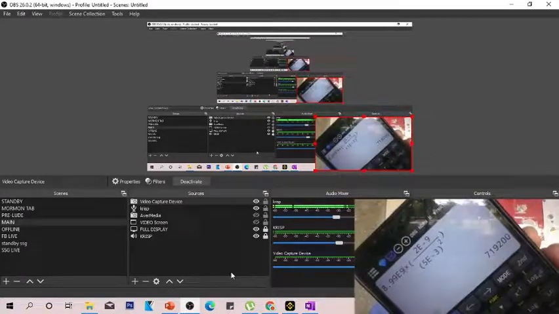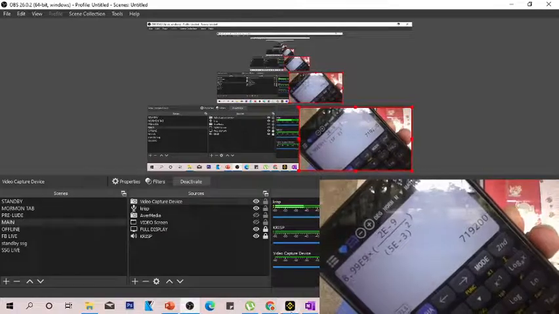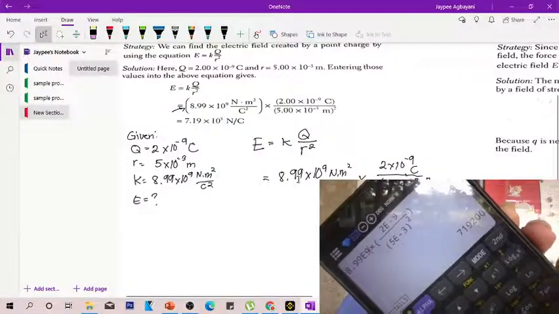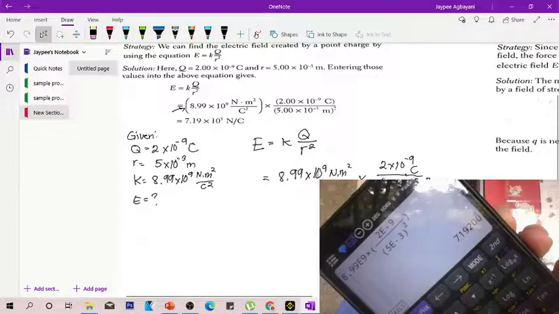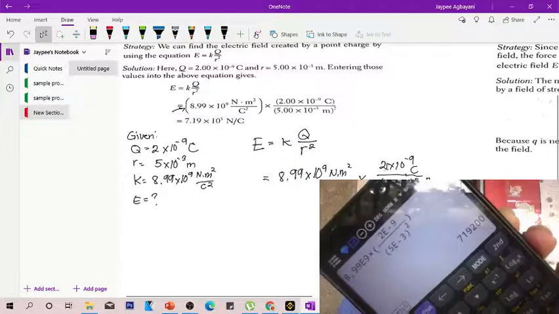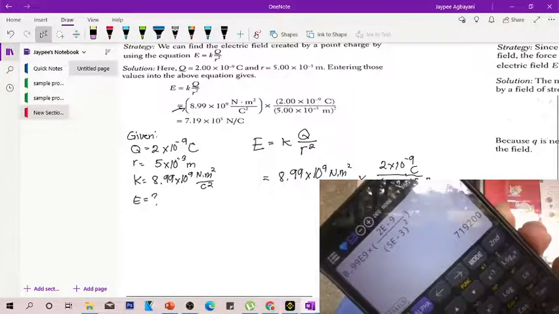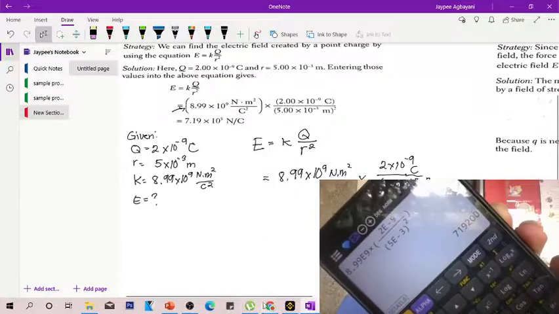Ayan, so nakikita. Lakihan ko lang ng konti para kita yun. Okay? So, that is simply 8.99 times 10 raised to 9, yan yung exponent 9 sa aking calculator, times 2 times 10 raised to negative 9 divided by 5 times 10 raised to negative 3 meters square.